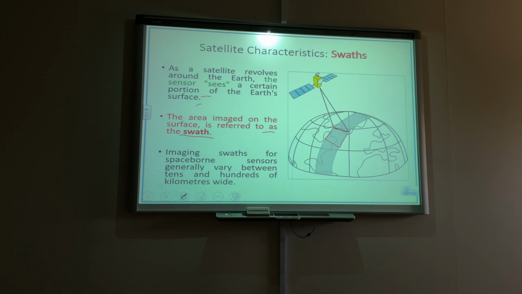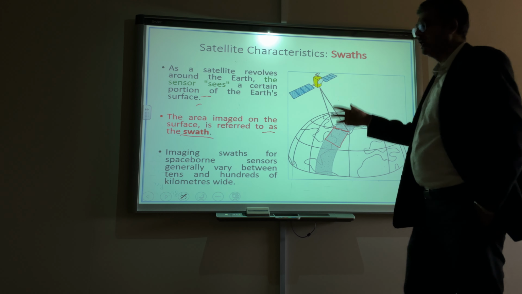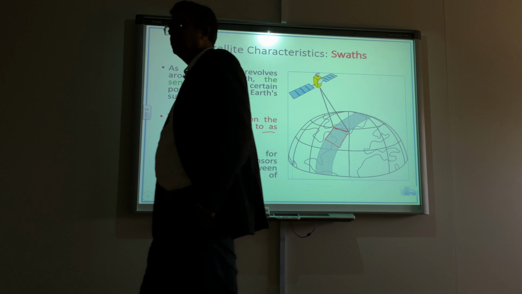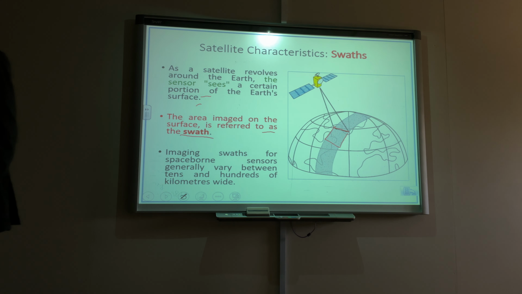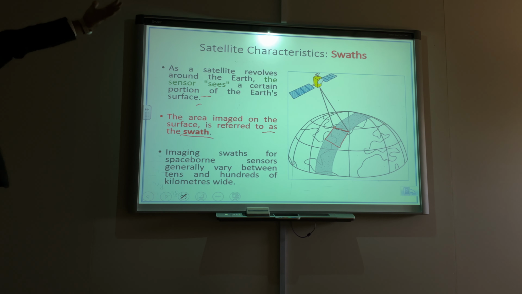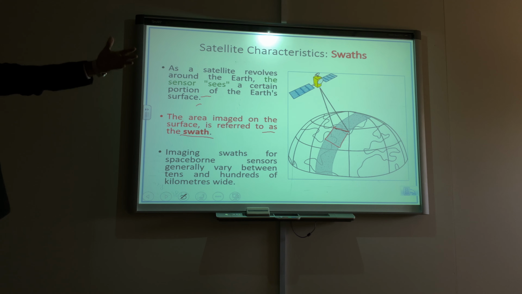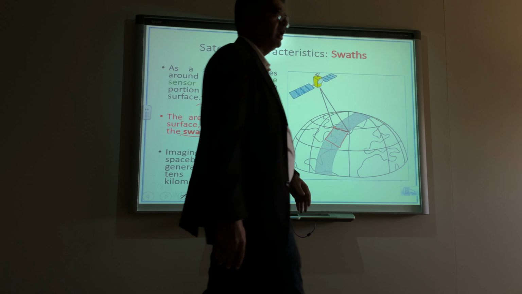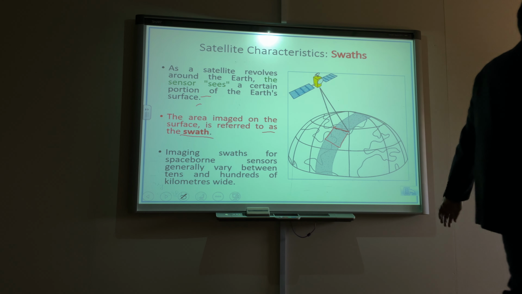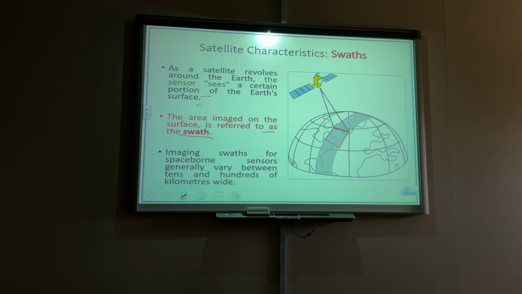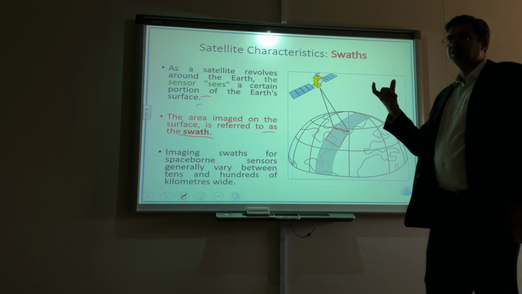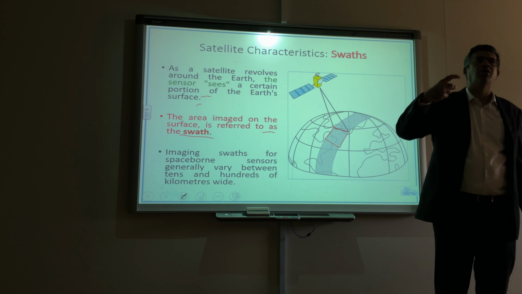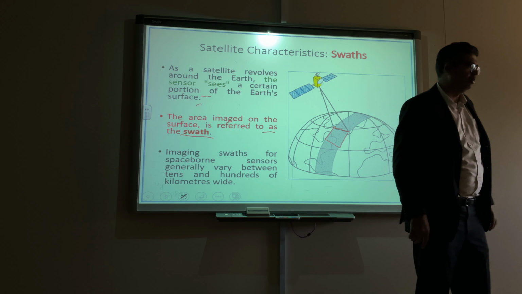So where will be the swath bigger, in the geostationary orbit or in the low Earth orbit? In geo, because it is far away from the Earth, so it will cover a very large area. The swath width will be larger for a geostationary satellite. For satellites which are in the low Earth orbit, swath width will be small, depending on how high or how low they are.